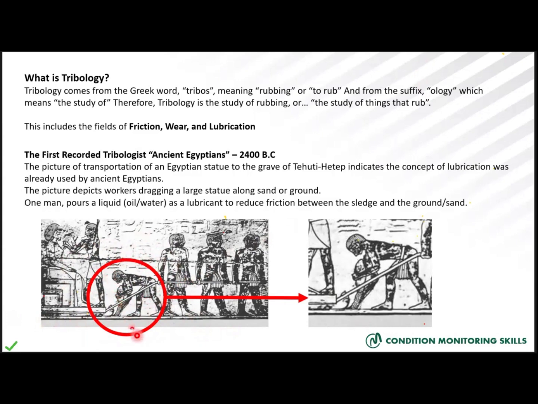As you can see, one man pours a liquid, maybe an oil or water, as a lubricant to lubricate the surface, to reduce the friction between the sledge of the statue and the ground. So this is mainly the main function of using lubrication in any equipment.